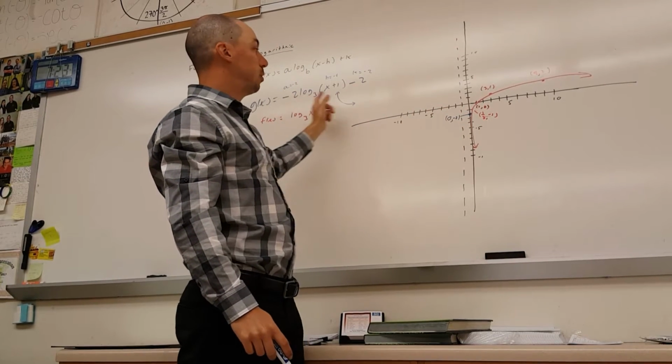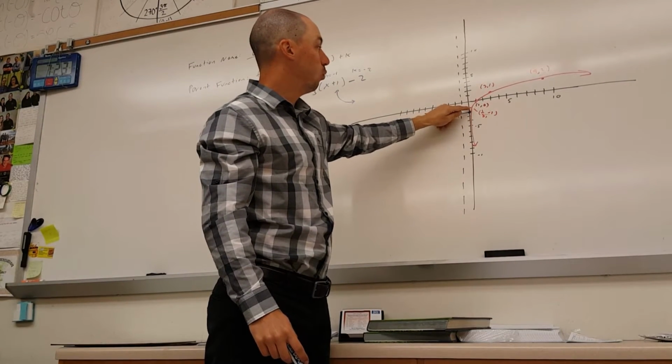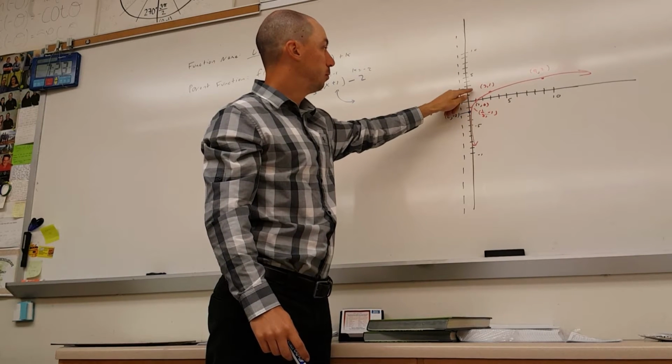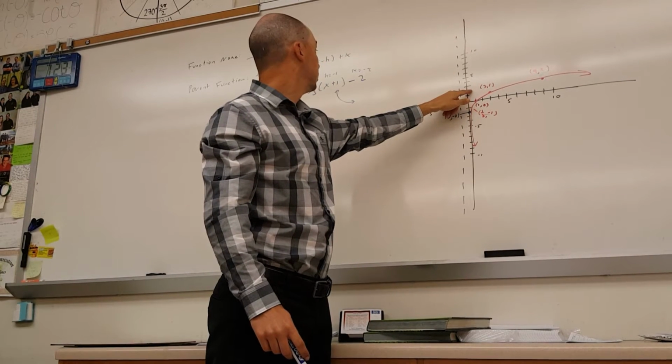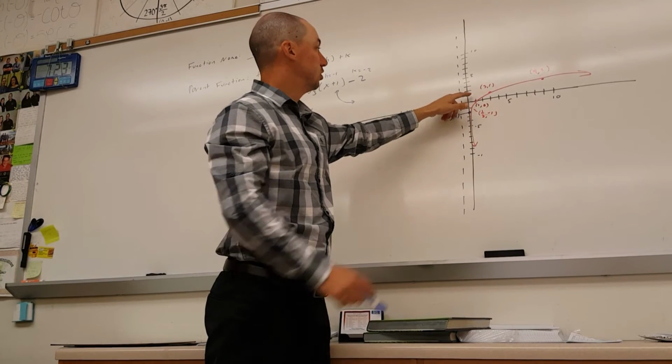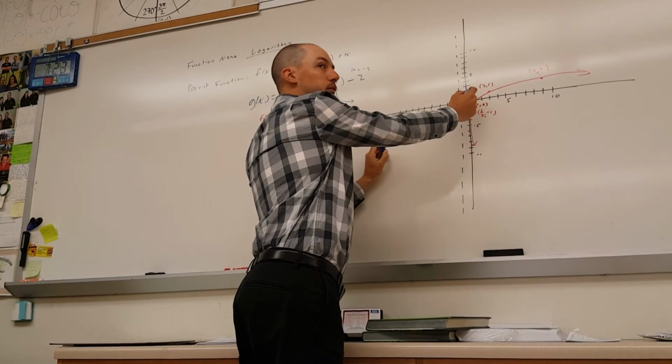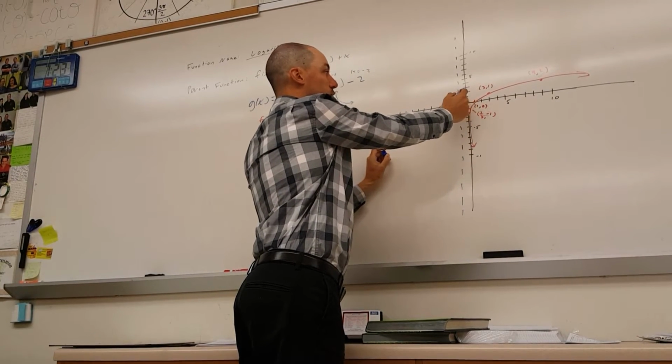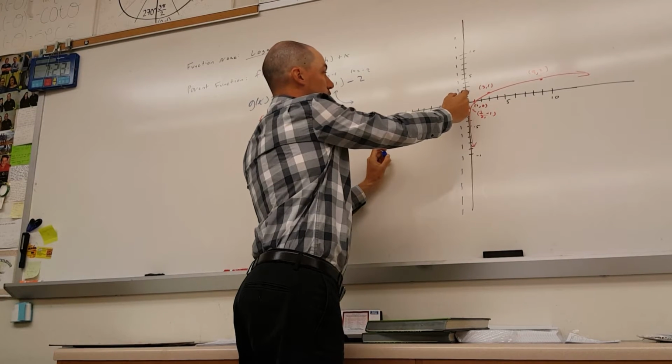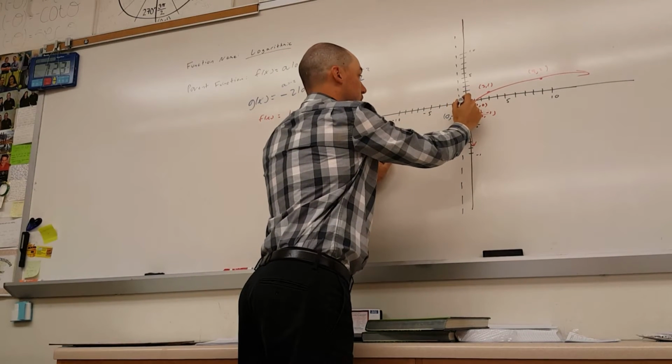Times negative 2 is positive 2. So now I'm at (1/3, 2). And then left 1, which is 1/3 minus 1, would be negative 2/3, and then down 2.